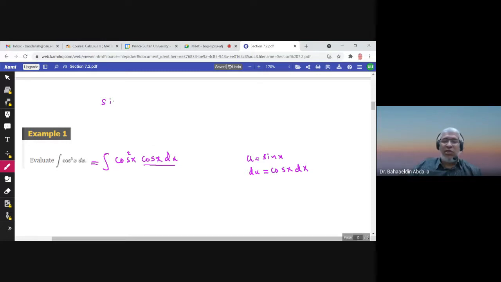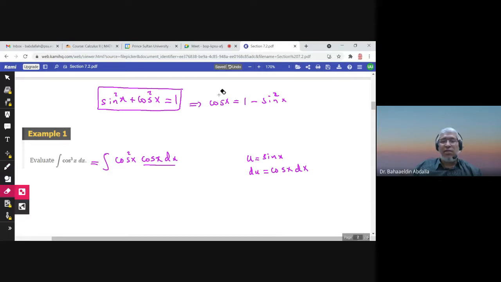There is a relation: sine square x plus cosine square x equals 1. This is the most famous relation in trigonometry. So I can find cosine square from here by taking sine square to the other side. So cosine square would be 1 minus sine square x.